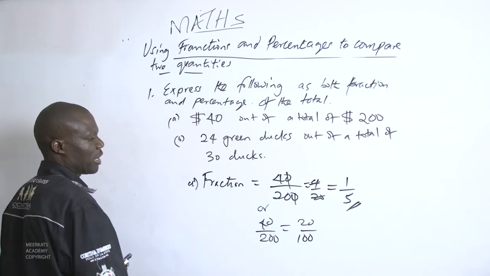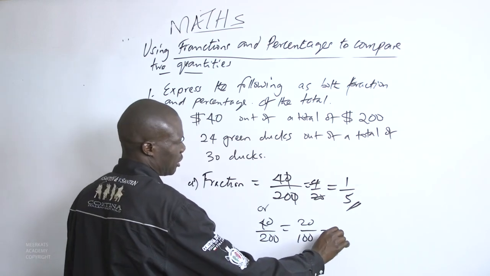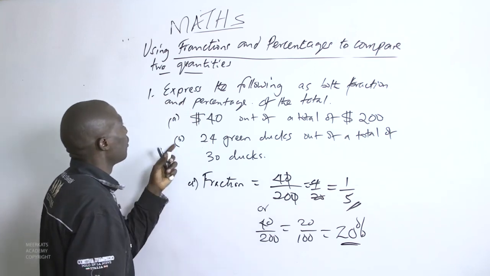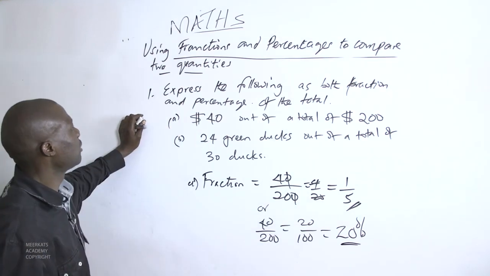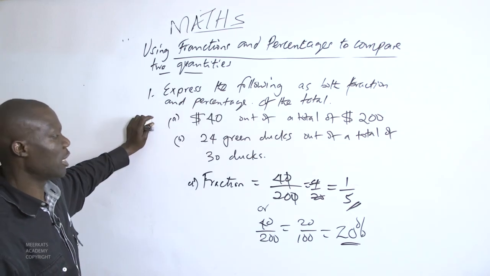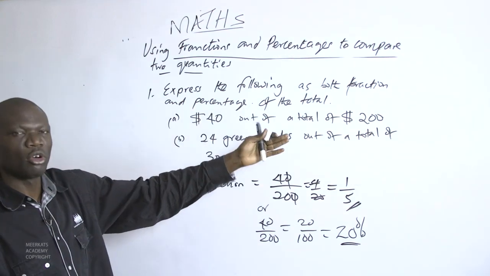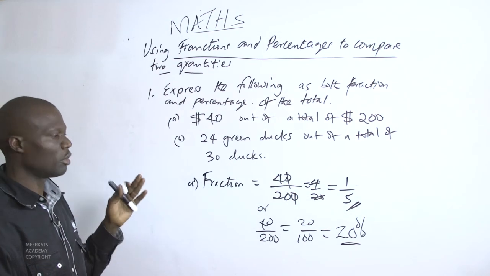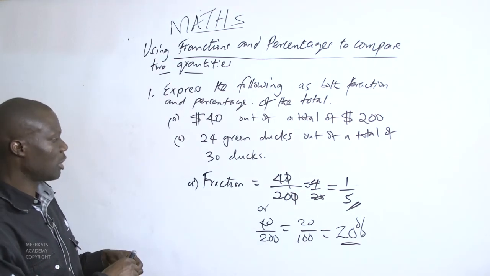So if the denominator is 100, then it means that this is equivalent to 20%. So $40 out of a total of $200 is equivalent to 1 over 5, that is a fraction, or equivalent to 20%.